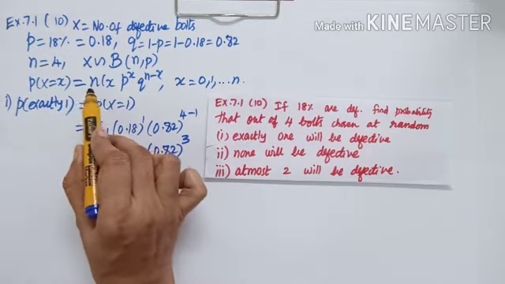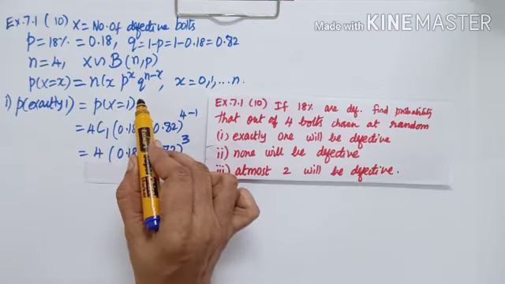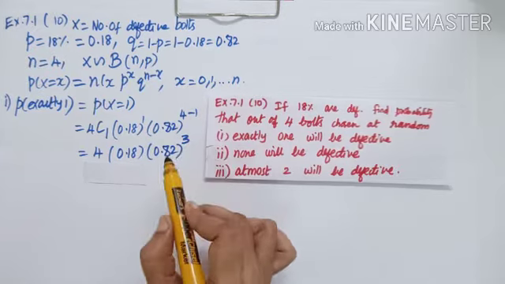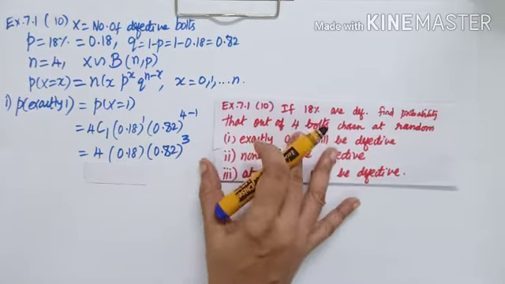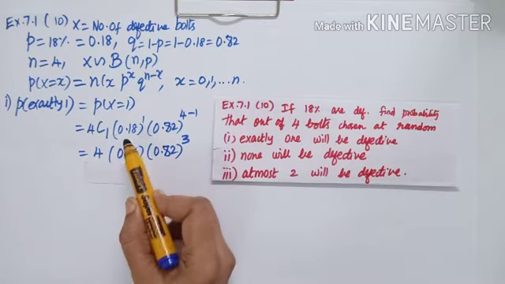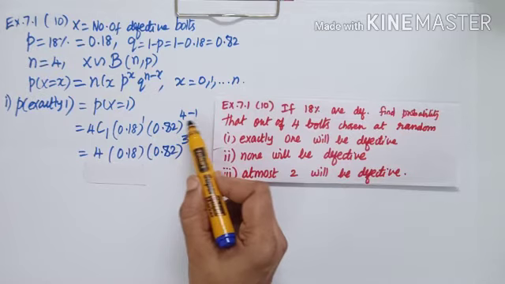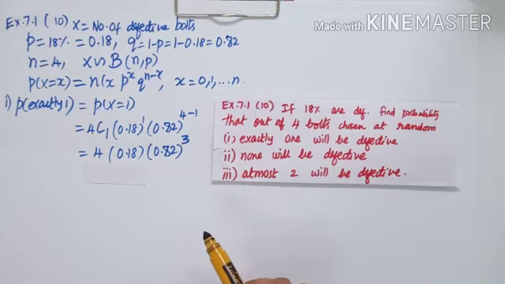N is 4, C 1, P is 0.18 power 1 and Q is 0.82 power 4 minus 1. Simplifying this, 4C1 is 4, 0.18 power 1 is 0.18, 0.82 power 4 minus 1 is 3.